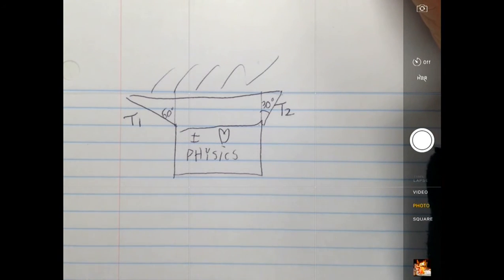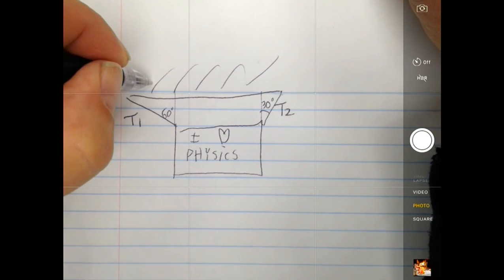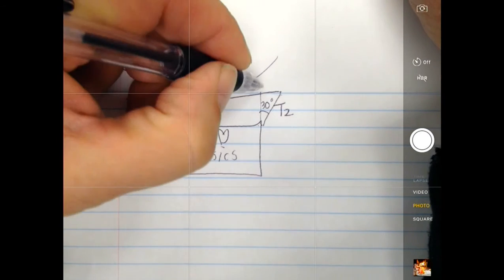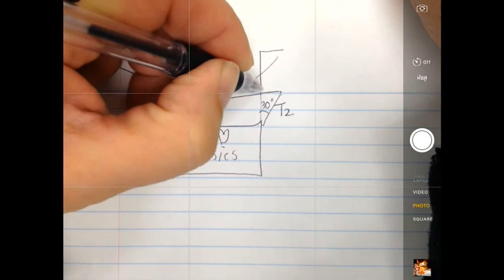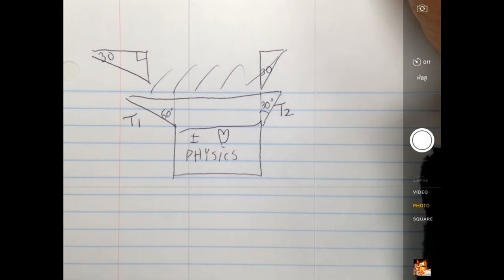But the sign still is not moving. Therefore, this is still an equilibrium problem. The trig slightly changes. I have a 60, 30, 90 right triangle on the left and a 30, 60, 90 right triangle on the right.